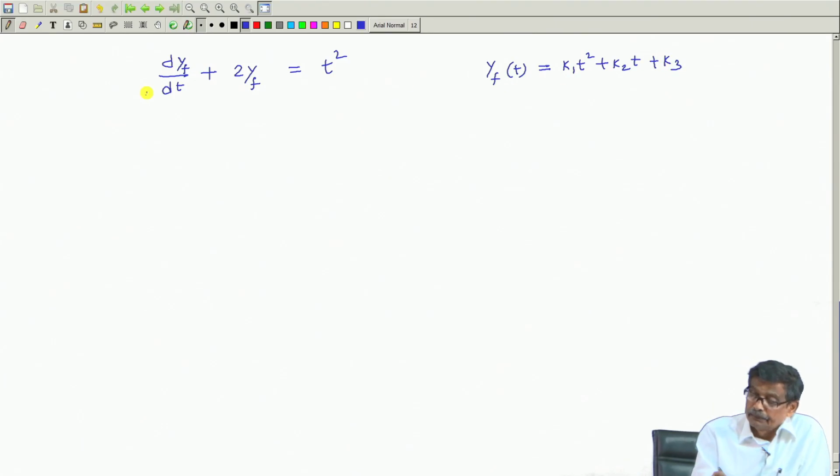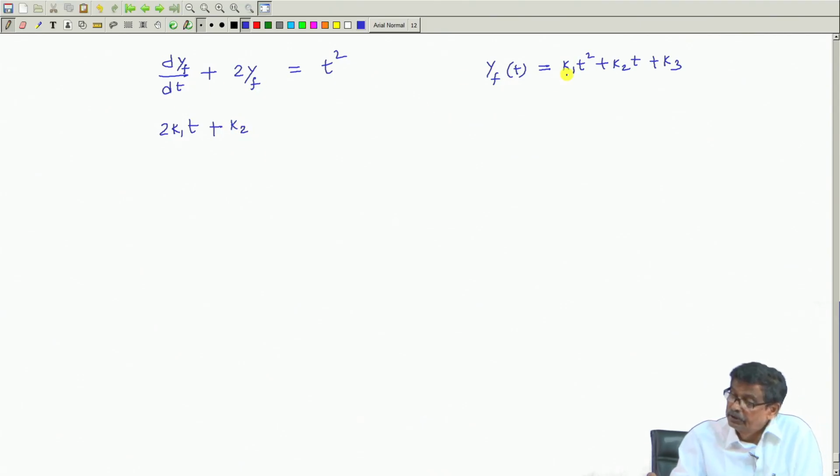So, put it here. If you put it here, d/dt of y_f(t) will be 2 k1 t plus k2; the derivative of k3 vanishes, only 2 terms will be there.